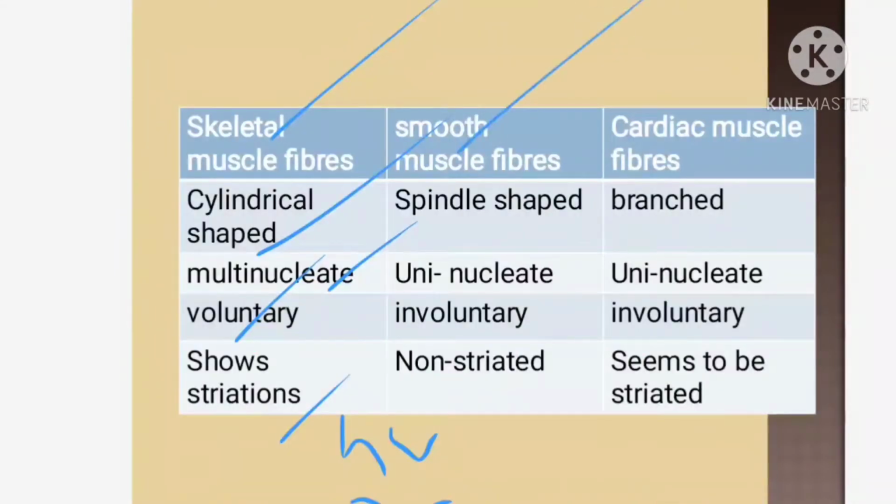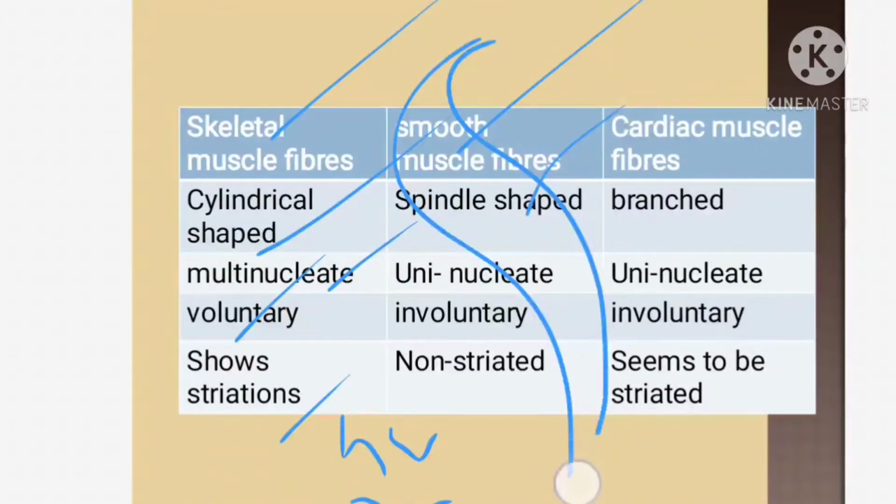And smooth muscle fibers are spindle shaped. This is the shape of a spindle. Uninucleate, they contain only one nucleus. Involuntary in nature and non-striated. You cannot find dark, white, dark bands.